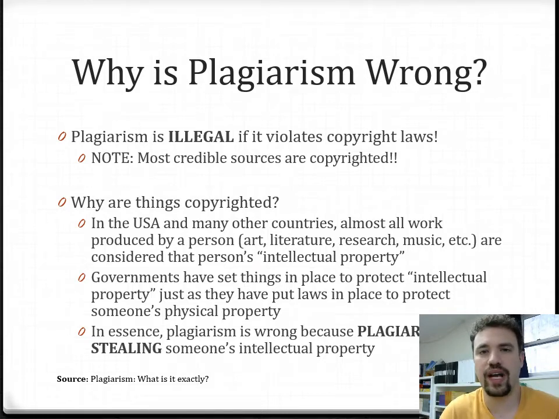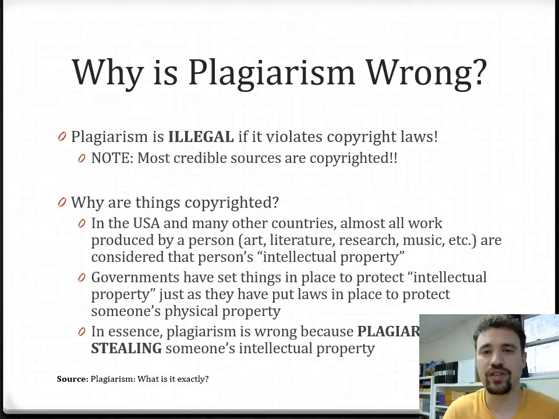You have violated that person's intellectual property rights, and you've potentially stolen away part of their paycheck. And so that's part of the reason. And people can, in fact, make money off of their published research. People do get paid for copies of journals that they might be published in or something of that nature. And so that is considered illegal.